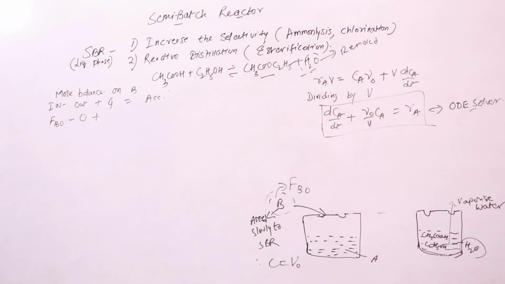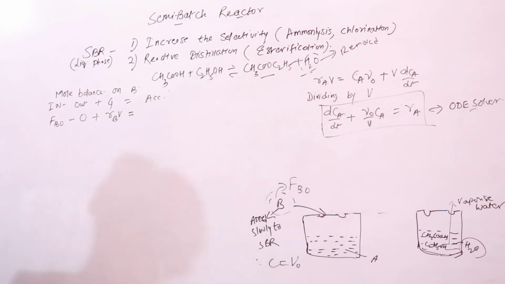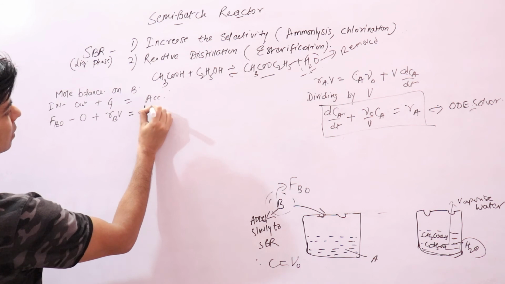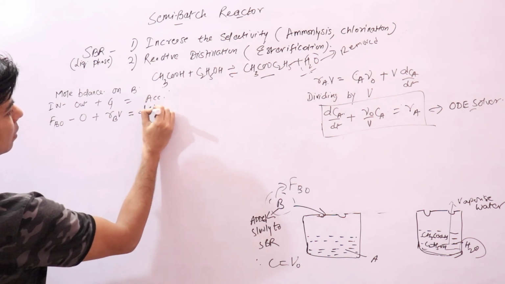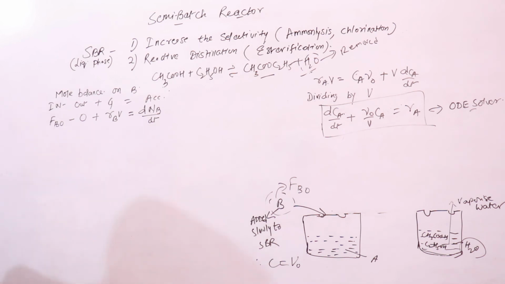Then your generation term would be rB V. And what would be the accumulation? Accumulation, like we did earlier, is the rate of change of moles of B, dNB/dt. This is simple.